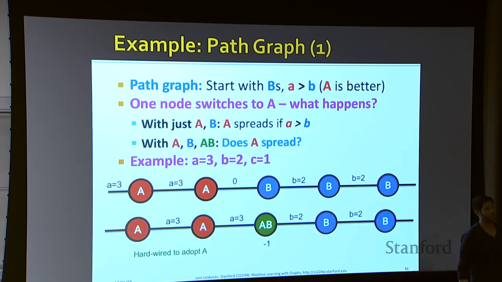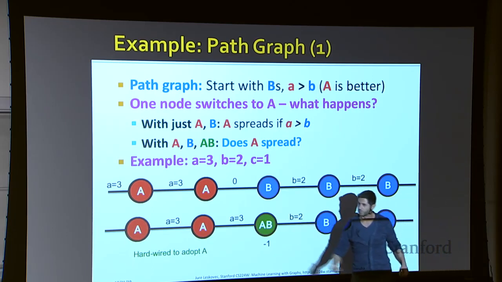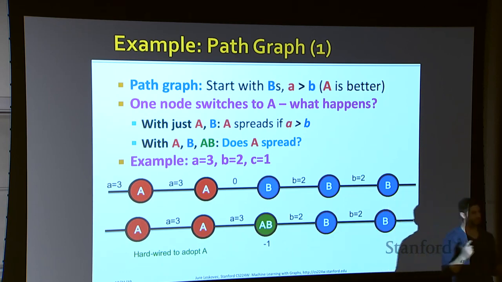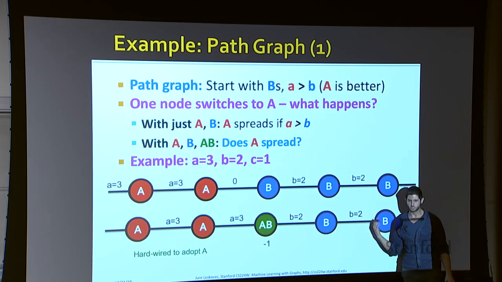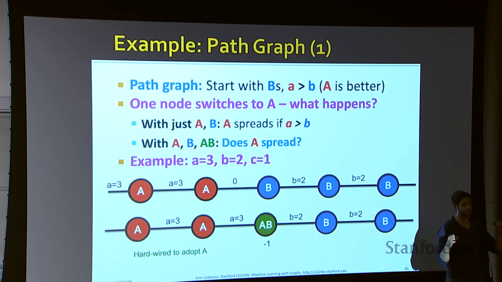Question? Isn't the global optimum here for everyone to just choose A? Sure, but the way in which we model this is we make local choices, right? So to reach the status that you said, which is the global optimum where everyone switches to A, there should be an agreement among all the nodes to switch all of a sudden to A, right? And this is not how adoption works in the real world.